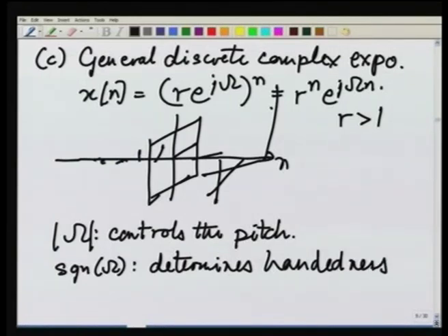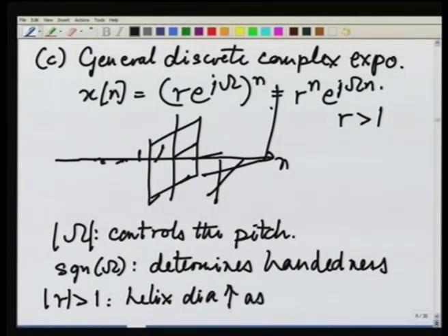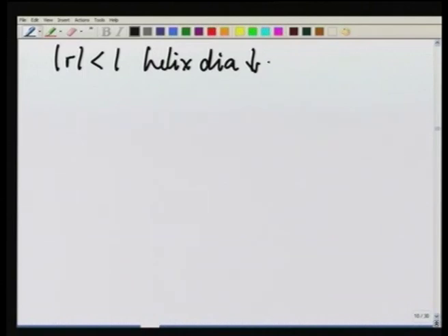So much for omega. Coming to r, we can say the following: if mod r is greater than 1, helix diameter increases as n increases. If mod r is less than 1, then helix diameter decreases as n increases.